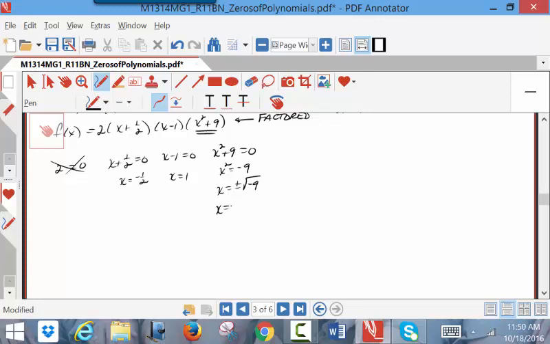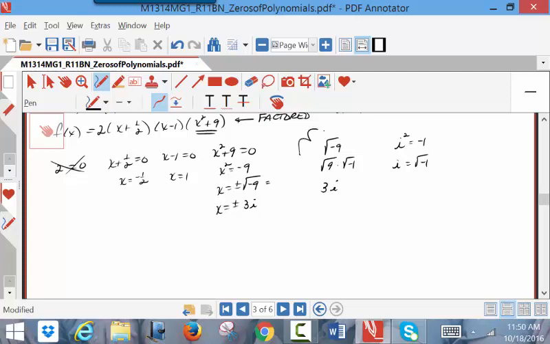So what is this? Plus minus 3i. Remember that? Okay. Because remember, the square root of negative 9 can be rewritten as the square root of 9 times the square root of negative 1. Square root of 9 is 3, and the square root of negative 1 is i. So remember, i squared equals negative 1, which means i is the square root of negative 1.